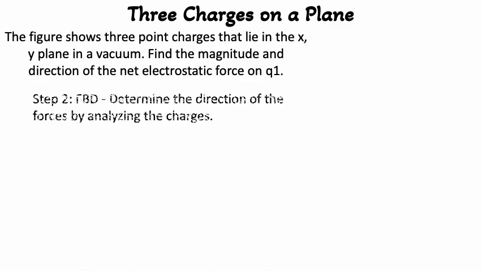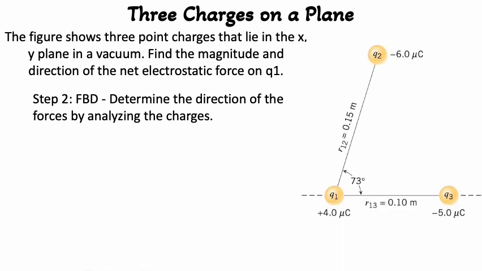Now the next step that we have to do is the free body diagram. We are going to determine the direction of the forces by analyzing the charges. So, we have to look at the signs, since there are three charges.